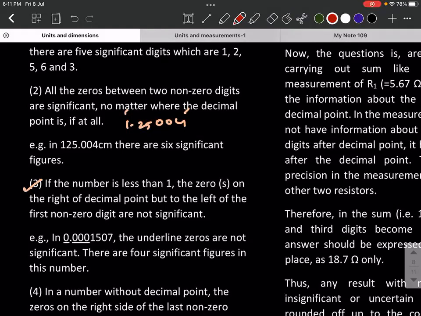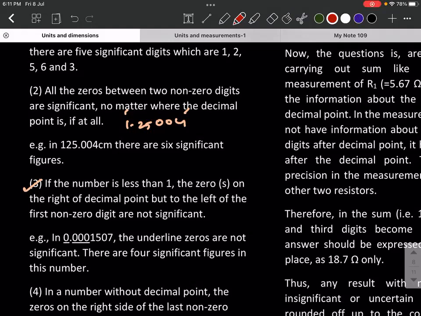Third, if the number is less than 1, then what will be the starting number of it? 0. So for example, 1 by 2 is less than 1, 0.5, 1 by 3, 0.33. So the number before the decimal will always be a 0, but the number after the decimal will generally be a non-zero number.